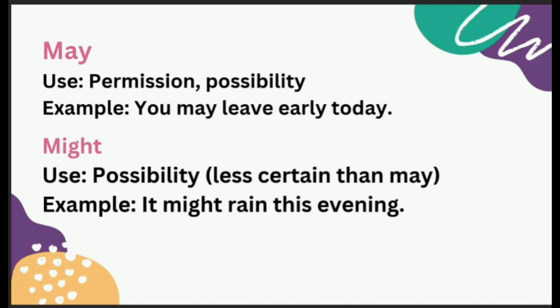Use might when you are only 10 to 20% sure. So if you are sure, the percentage will be high, that time you can use may. Or if you are only 10 to 20% sure, you can use might. You can see one example over here. It might rain later, less certain than may. So you can use might if you are not sure about whether it will rain or not.